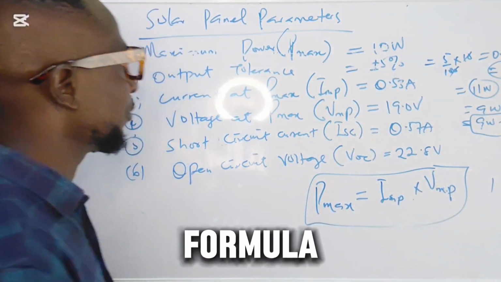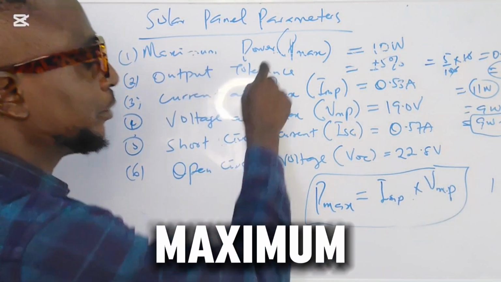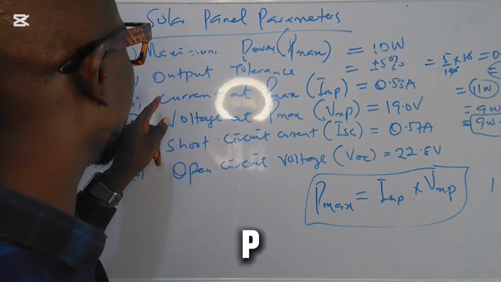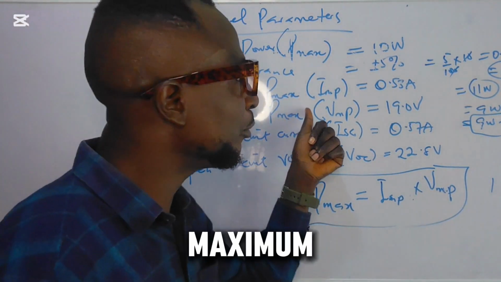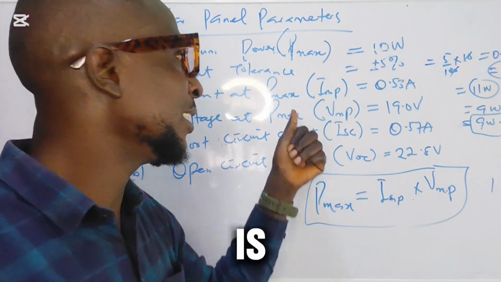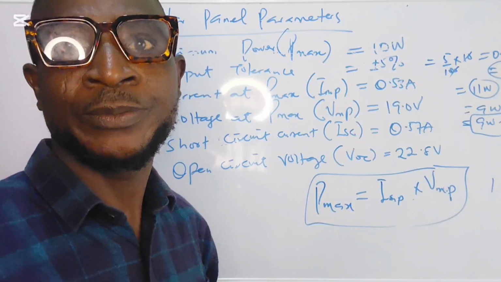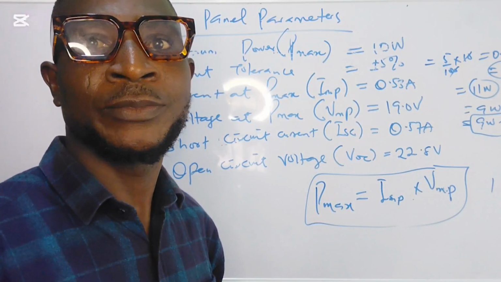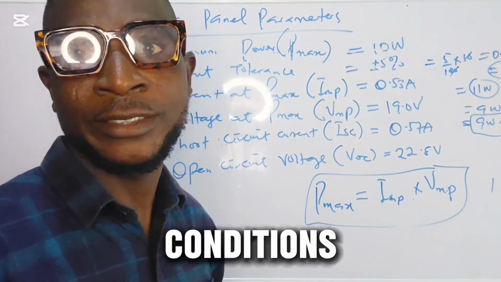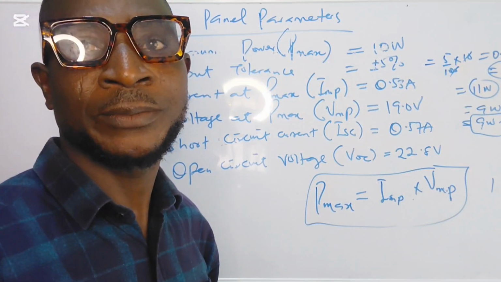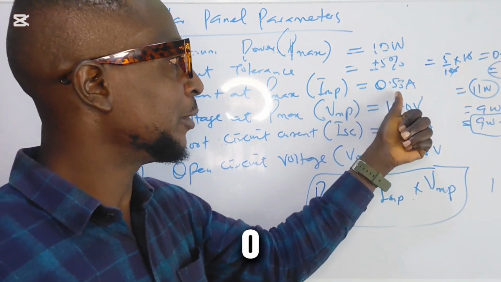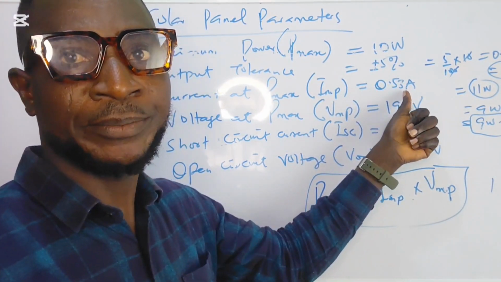So this is the formula for calculating your maximum power. Now, what is Imp? That is the current at maximum power, the actual current that flows from the solar panel under standard test conditions. That is what we call the Imp.